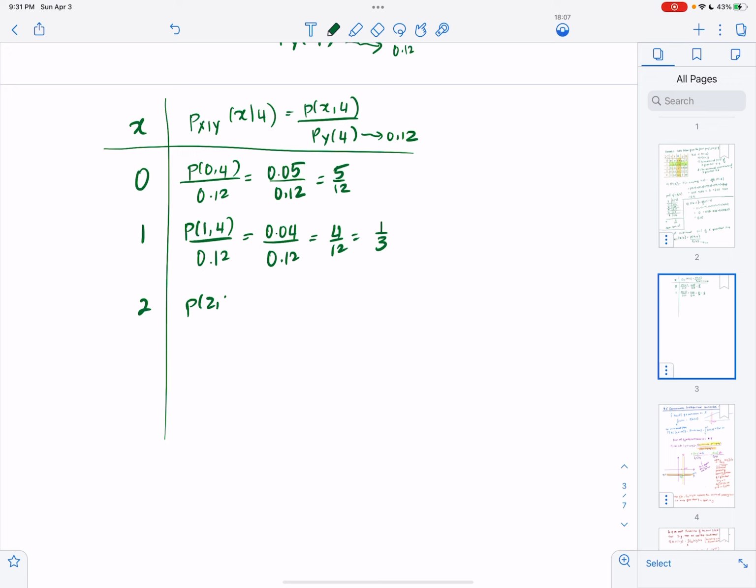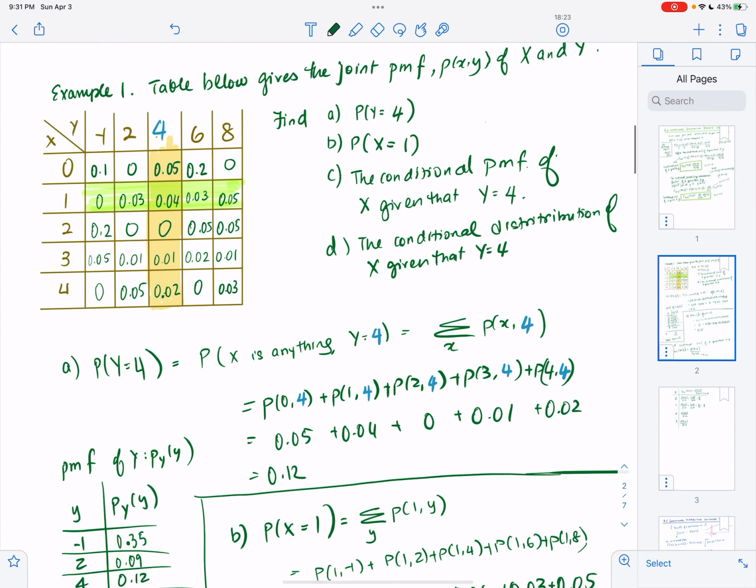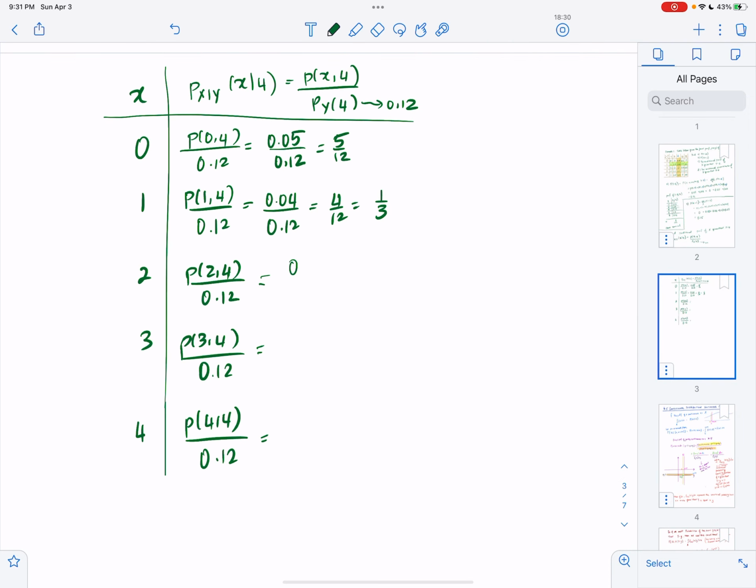So this will be P of 2, 4. So what are these numbers? 2, 4 is 0, 0.01, and 0.02. So this is 4/12, this is 1/12, and this is 2/12.